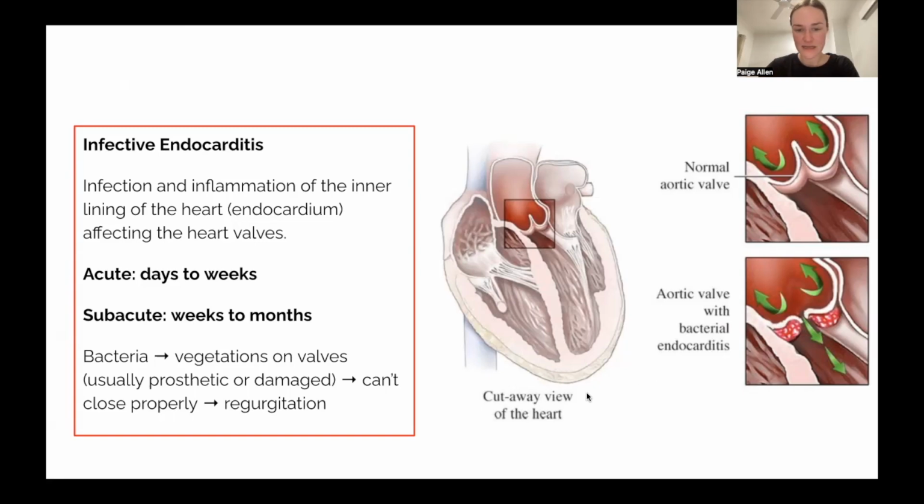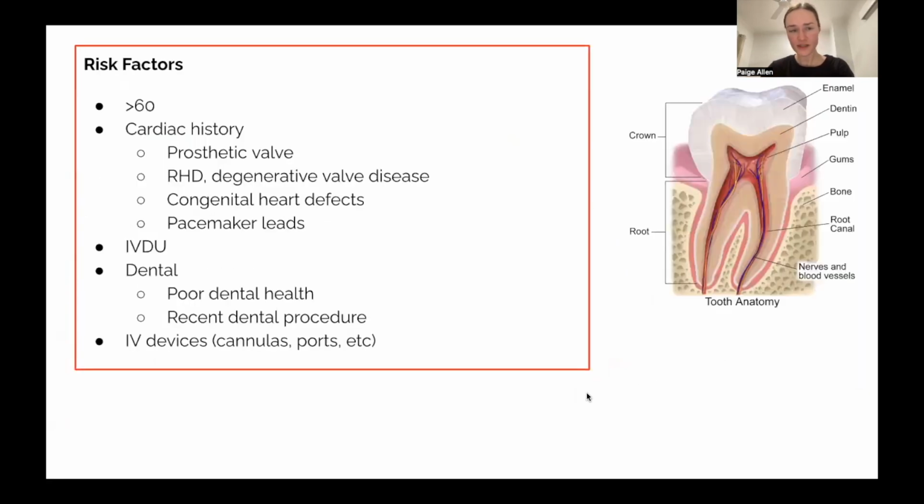In terms of the risk factors, older people, and people that have a cardiac history, so any sort of damaged or replaced valves, are more likely to have bacteria latch on and grow onto them. People that have pacemakers are more at risk because the pacemaker leads are essentially a foreign body. IV drug users are more likely to be putting bugs into their blood.